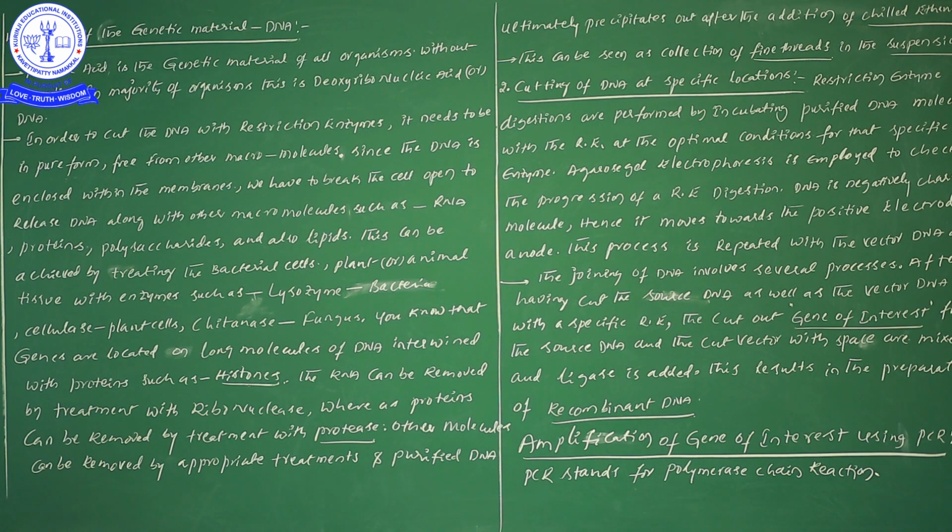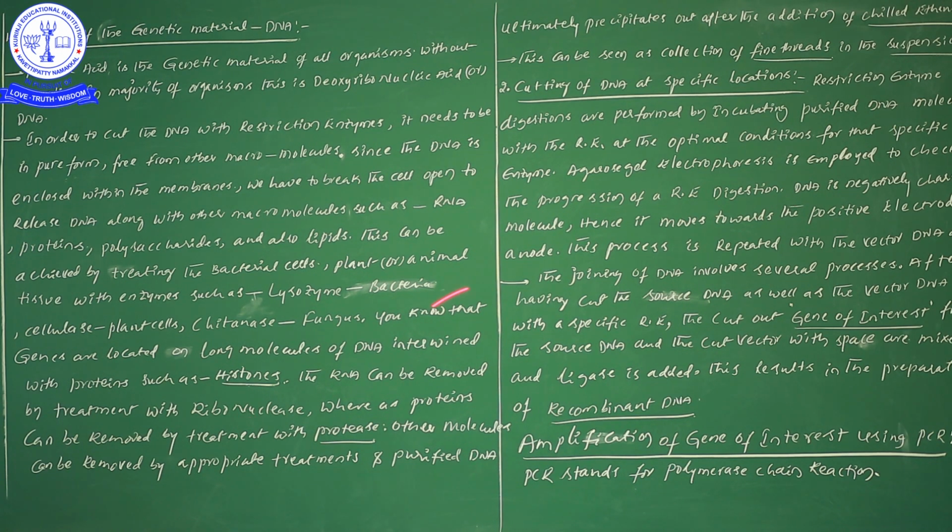Now RNA can be removed. There are different types of macromolecules, so let us concentrate on this one. RNA can be removed by treatment with ribonuclease.